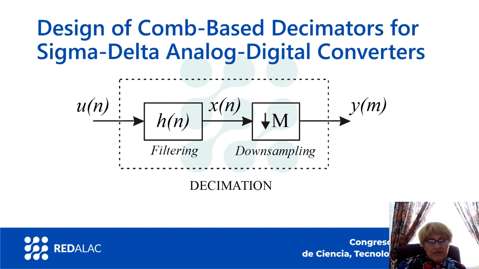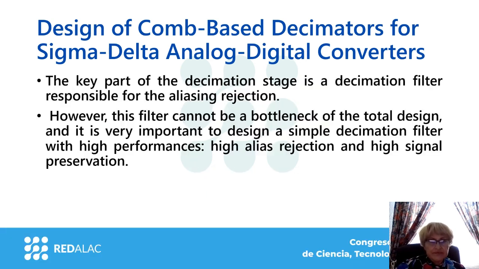As shown here, we have one decimation stage. Here is a filter, and here is a block which changes the sampling rate by an integer factor denoted as M and called the downsampling factor.